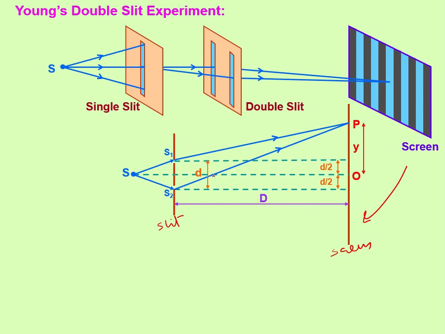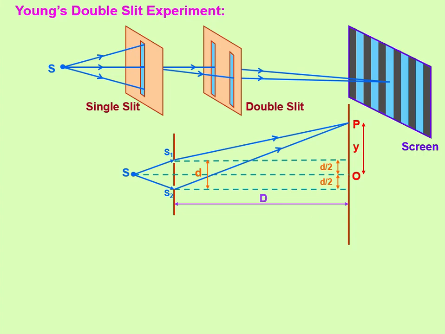This is the center location O. The distance from the center to the point at which all these rays fall is Y. This is d, so this is d by 2, d by 2. Clear? So this is the experimental setup and the basic notation: the distance from slit to screen, the separation between two slits, and the distance from the center of the screen to the point.